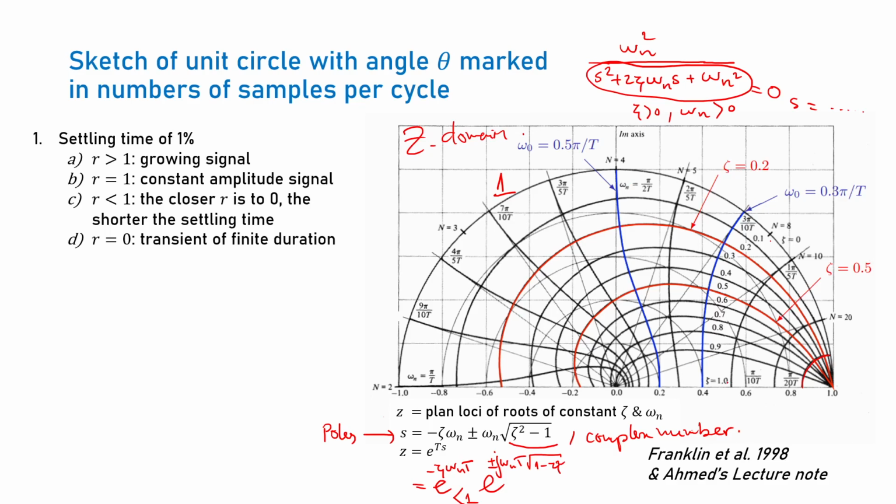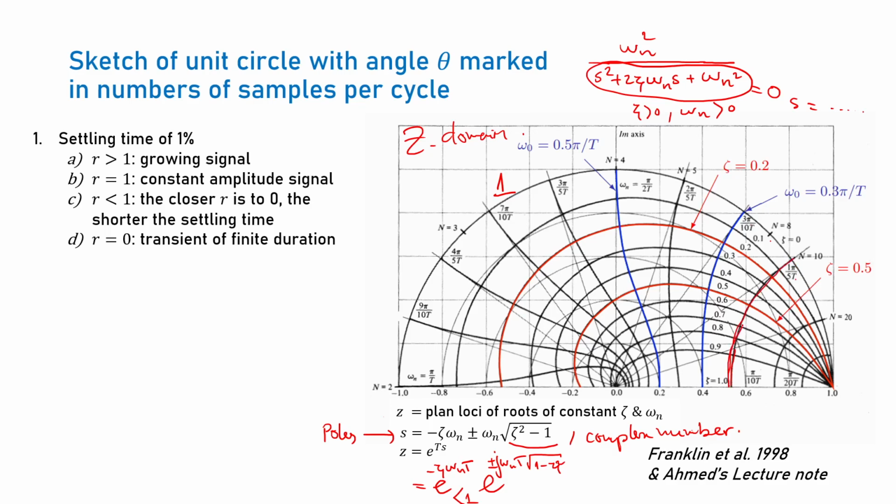So let's call it omega n. So it represents omega n constant. For example, here omega n equal to pi over 20T, and then this one for this, and then this one, oh look, sorry, I think I made a mistake, actually this one is pi over 5T, this curve.